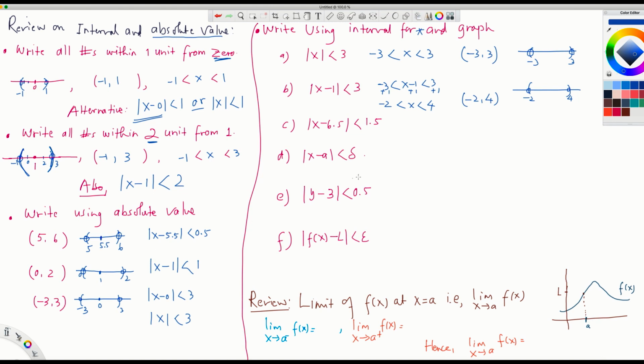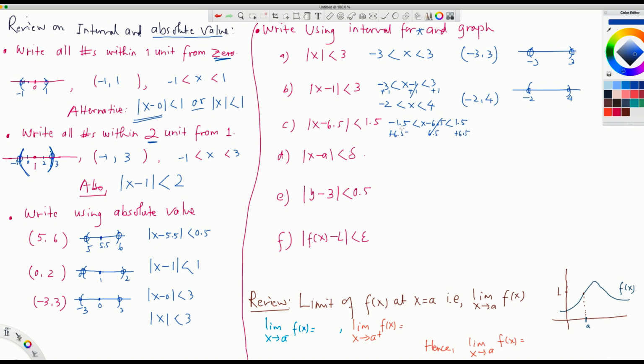How about C? You see that? How do I write that? You write -1.5 is less than x minus 6.5 is less than positive 1.5, right? If you add 6.5 on both sides, that will cancel out, right? As we did here. And then add 6.5 to -1.5 and to 1.5.